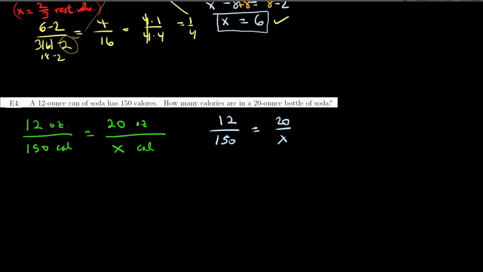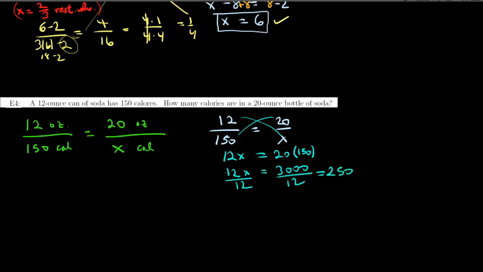Again, the easiest way to solve this, I think, is to just cross multiply. So 12 times x equals 20 times 150, which I think is 3,000, right? So now divide both sides by 12, and so 3,000 divided by 12, feel free to use your calculator here, is 250.